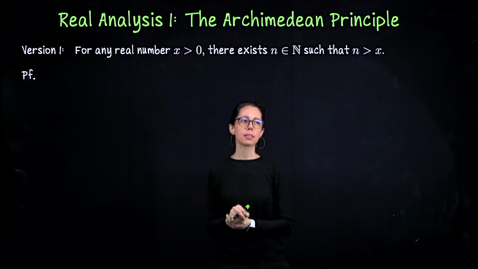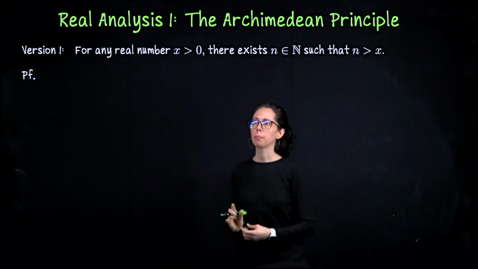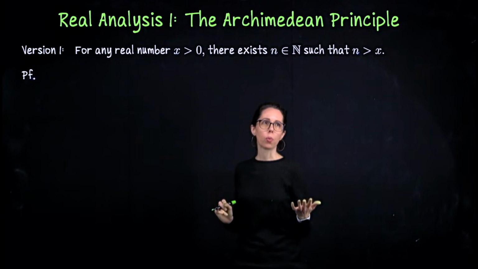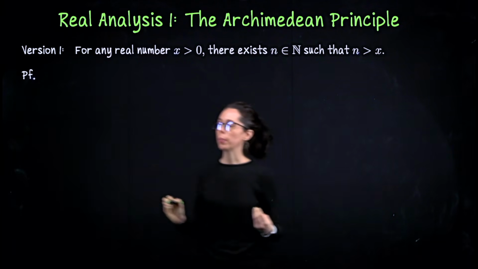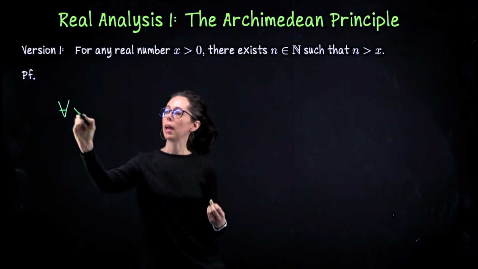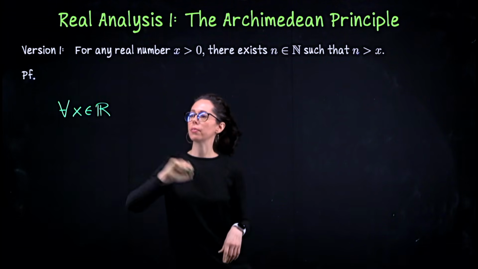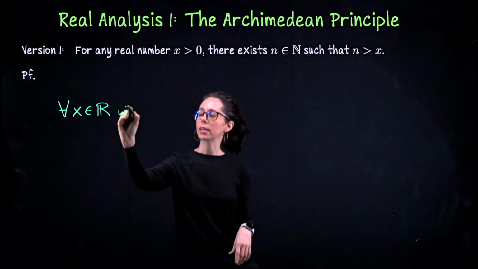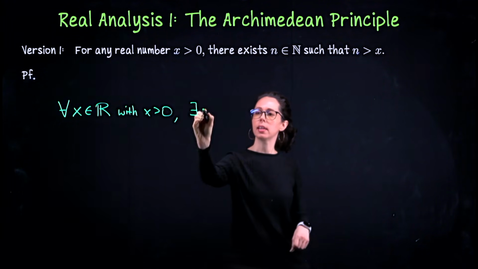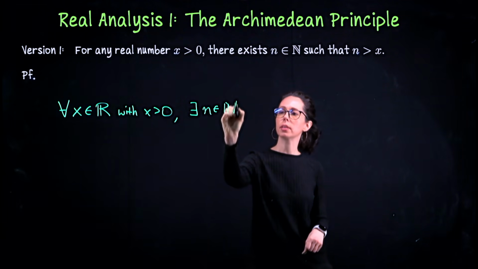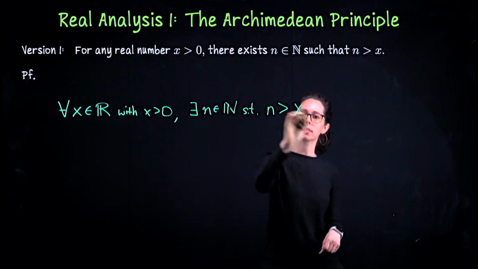Let's go through this symbolically, think rigorously about how to prove it so that we set up and do a rigorous proof. I typically like words more than quantifiers, but here I think it's useful to take this phrase and translate it into quantifiers. So what we are saying is, for all x in the set of real numbers with x greater than 0, there exists an n from the set of natural numbers such that n is greater than x.